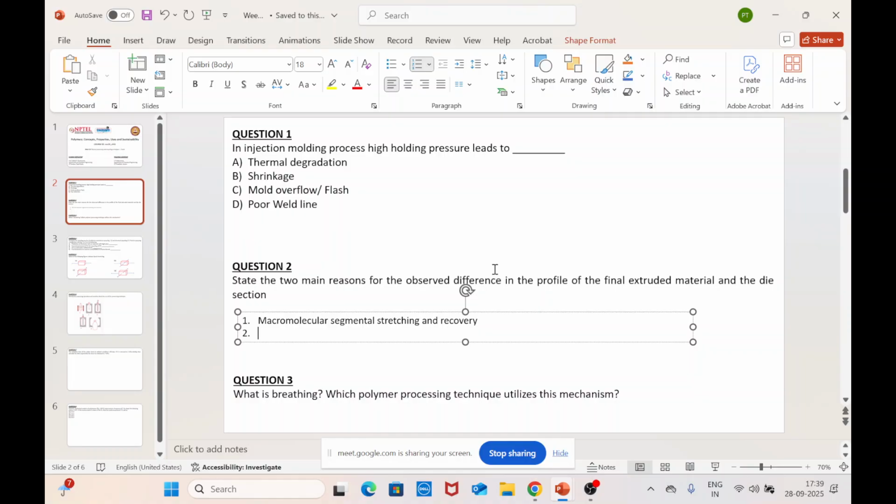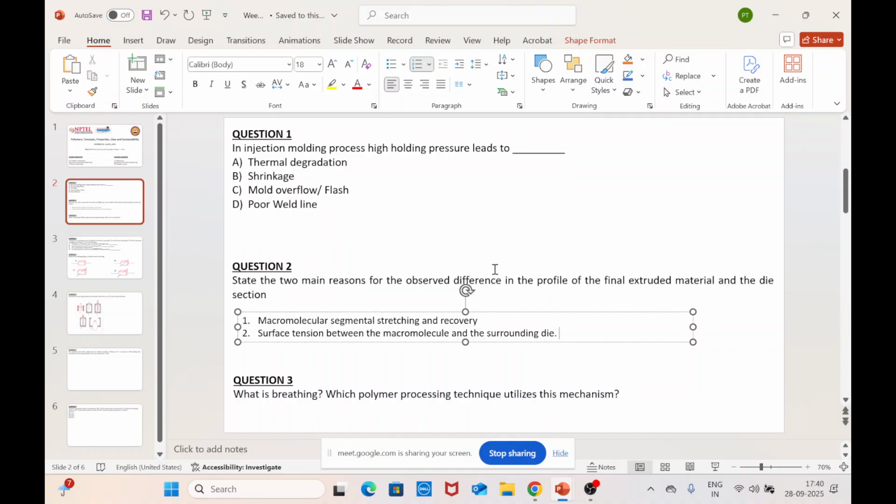So this is one reason, and another reason is the surface tension between the macromolecule and the surrounding die. So these are the two reasons.